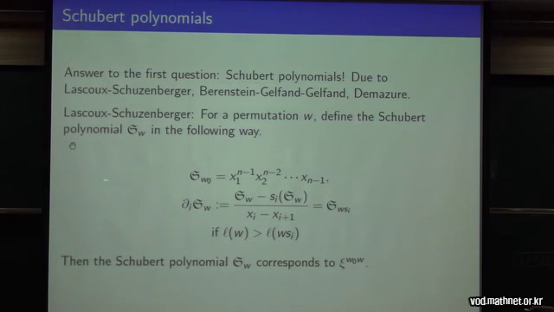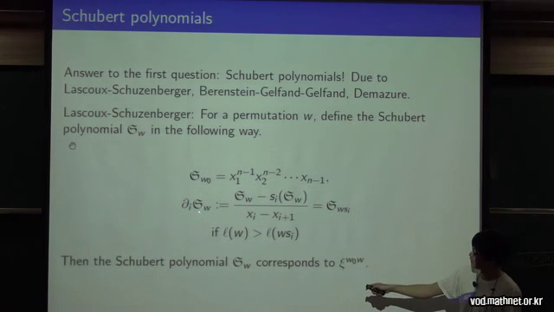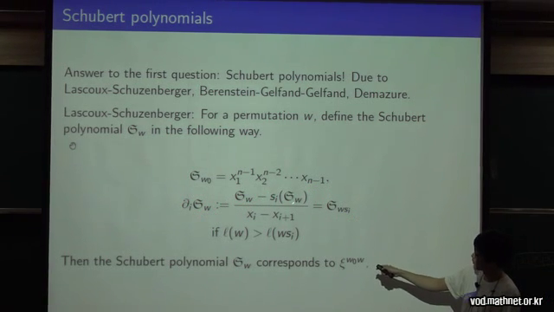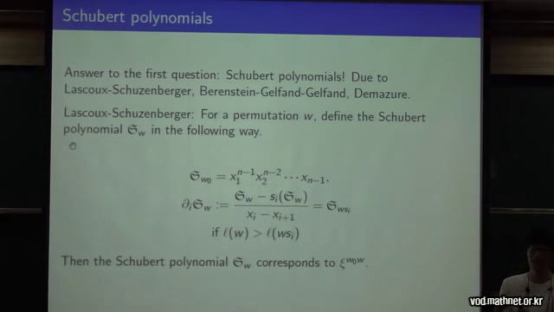And you can recursively define the Schubert polynomials of degree 1 below by using the divided difference operator: the divided difference operator of f is f minus si of f, divided by xi minus xi plus 1. Si of f means that you basically swap xi and xi plus 1. That's the definition. And so the partial i of the Schubert polynomial for w is the same as the Schubert polynomial of w si, only if the length is decreasing. If the length is not decreasing, it has to be 0.